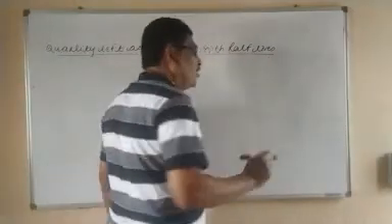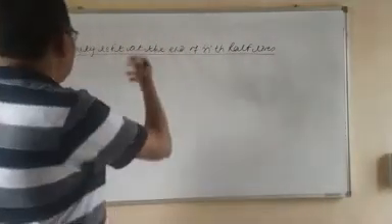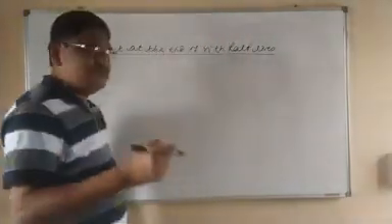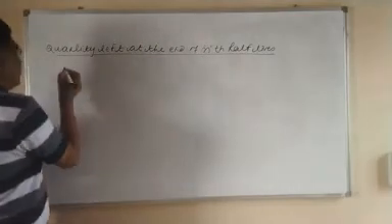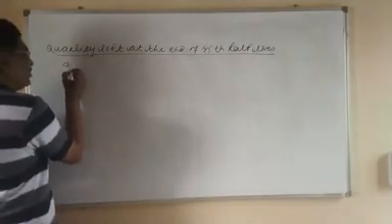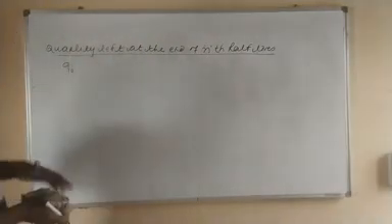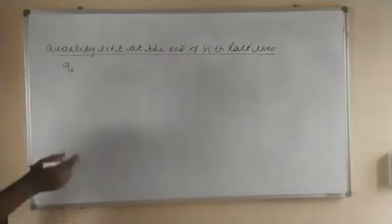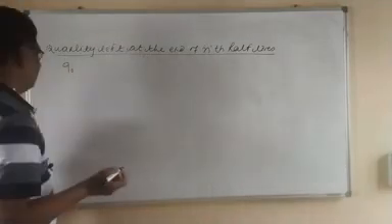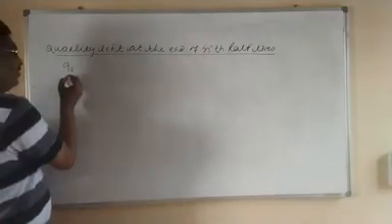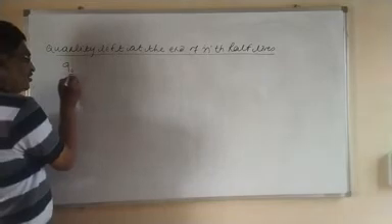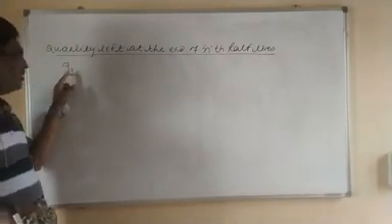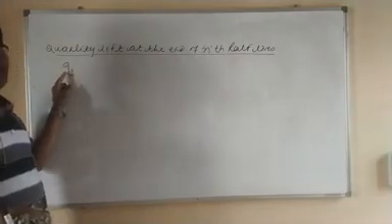Now we are going to derive the equation for the quantity left at the end of n half lives. n is 1, 2, 3, 4 and so on. Let the initial quantity be Q0. That means Q0 is the initial quantity present. At the end of the first half life period, what will happen? We will have one half of this.